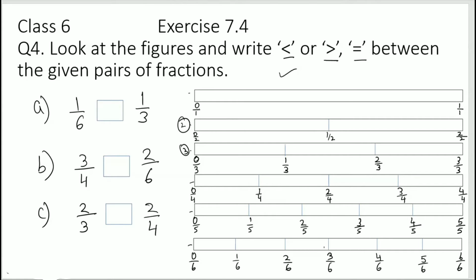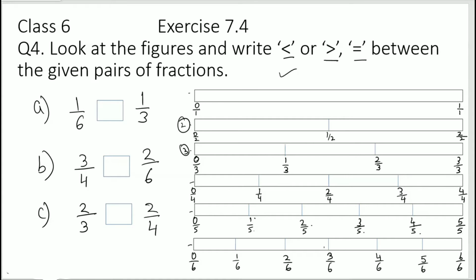Then the next one is divided into 5 parts, 1/5, 2/5, 3/5, 4/5 and 5 by 5. And the last one is divided into 6 parts, 1, 2, 3, 4, 5, 6 parts. And the fractions are written accordingly: 1 by 6, 2 by 6, 3 by 6, 4 by 6, 5 by 6 and 6 by 6.